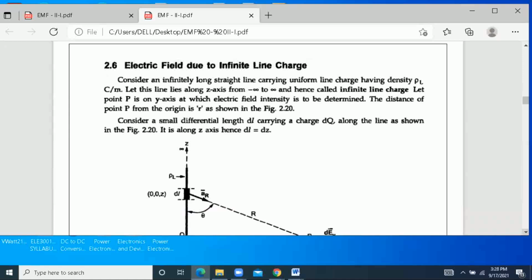You have a line of charge extending from minus infinity to infinity. So it's an infinite line of charge.